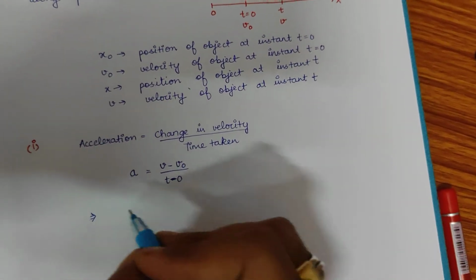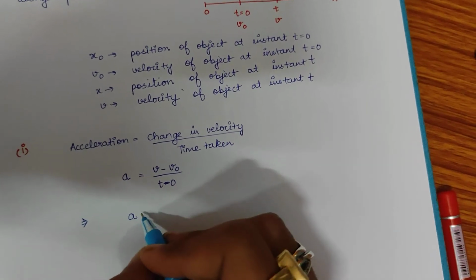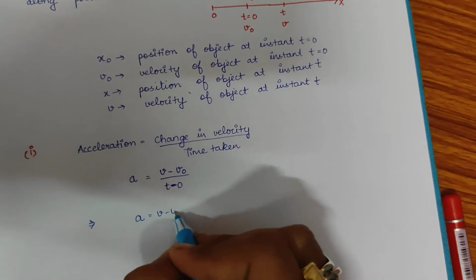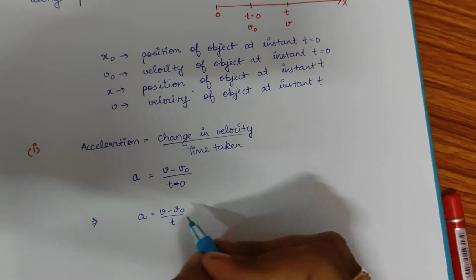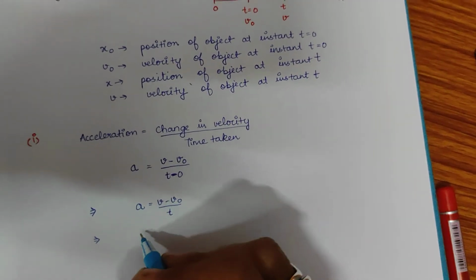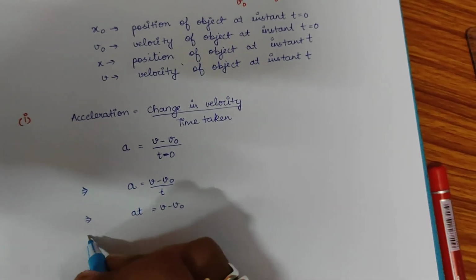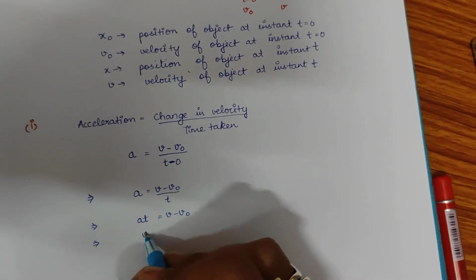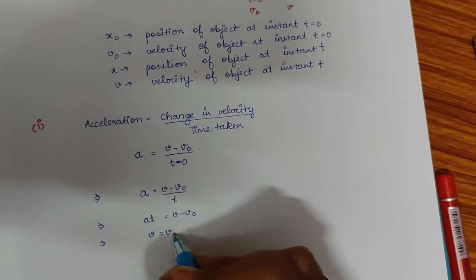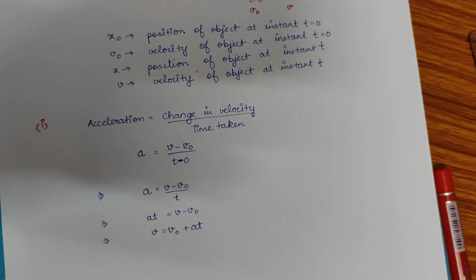Now if we solve it, we get a equals v minus v naught upon t. Rearranging, we get at equals v minus v naught, which we can write as v equals v naught plus at.